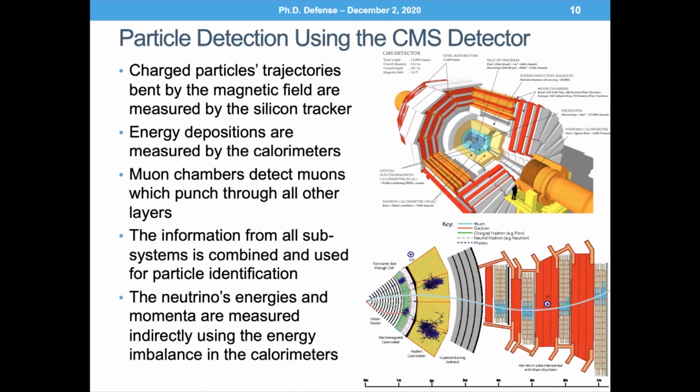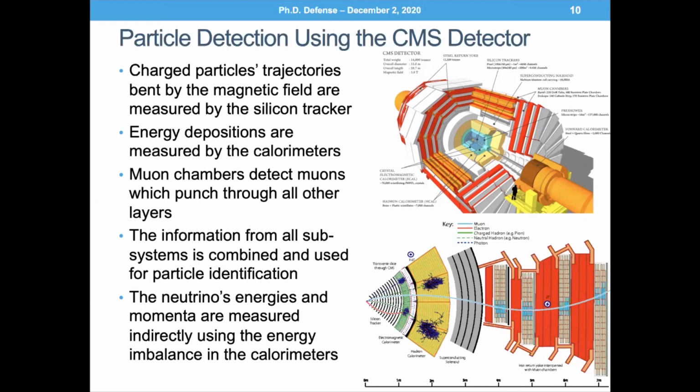After leaving the tracker, a particle will interact with the calorimeters. First the ECAL, the electromagnetic calorimeter, which collects the energy from electromagnetically interacting particles. And then the hadronic calorimeter, which detects things like pions and neutrons. These calorimeters absorb all the energy of the particle, and then they give you a reading of the energy.